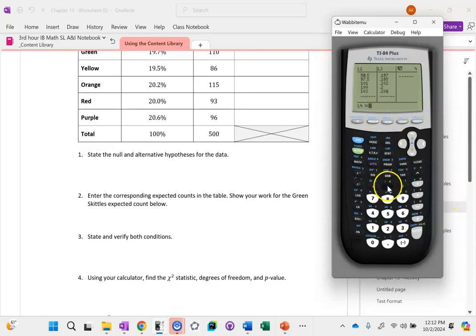So in L4, I'm going to do parentheses, L1 was my observed, minus L2, that was my expected. Close my parenthesis and square it, divided by expected. I just said observed and expected because I don't know what list you guys put your stuff in, right? And if I press enter, whammo! There they all go. So those are all the intermediate values.